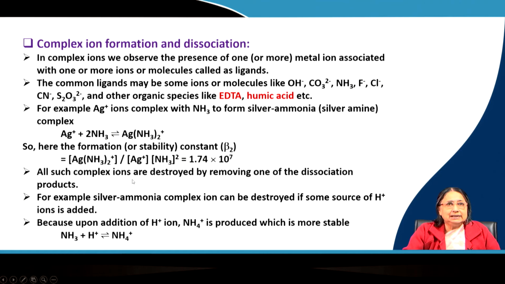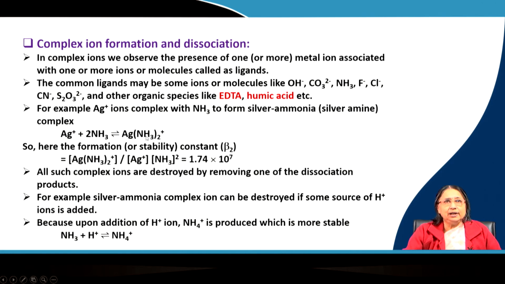Here, all such complex ions are destroyed by removing one of the dissociation products. Taking this example, the silver ammine complex is produced from silver ion and ammonia. Then this complex may be broken down. Now, you have some idea about shifting the equilibrium. Silver plus and ammonia form the complex in a dissolved state.